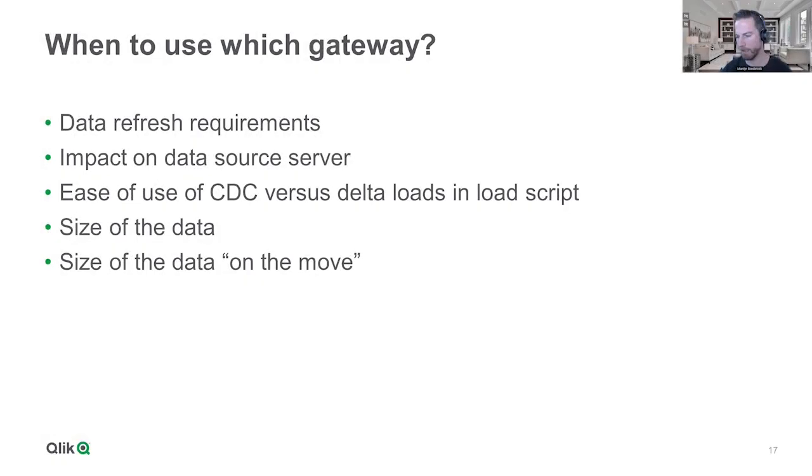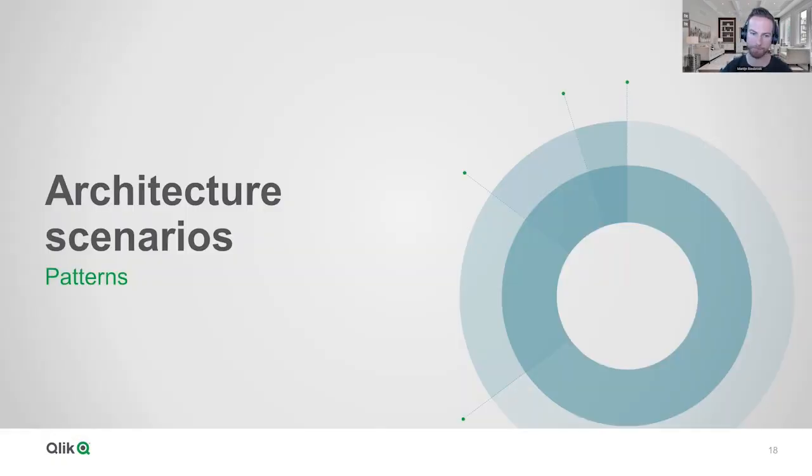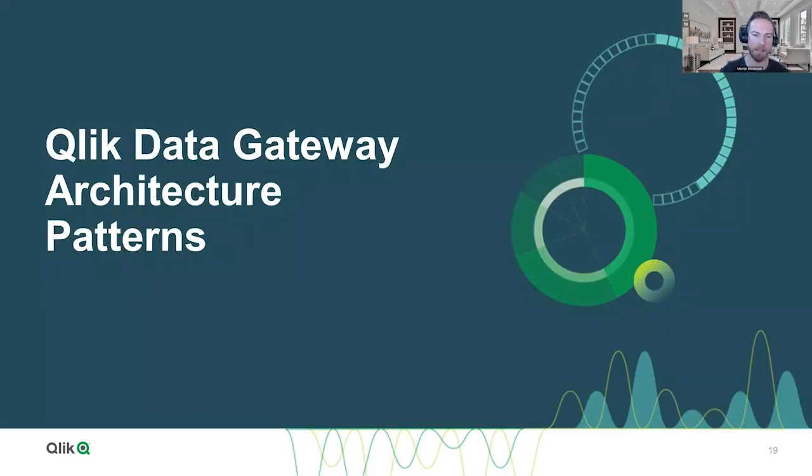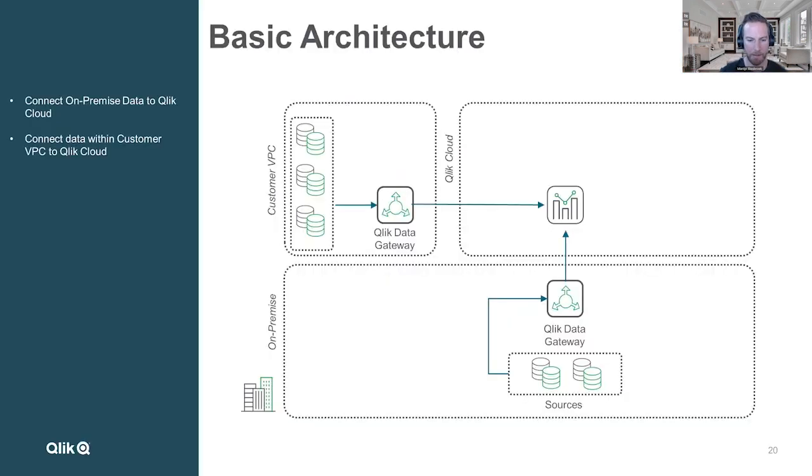So let's look at some architecture scenarios. So what is the basic architecture? So here we have an on-premise setup. We installed the data gateway, which can connect to your sources. In Qlik Sense, you have an app, and that app can combine data from multiple sources.